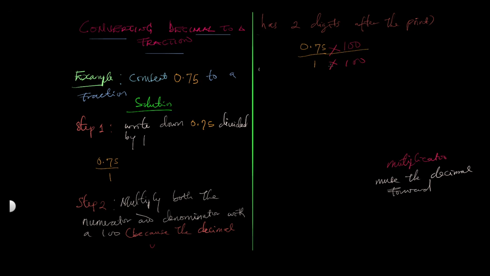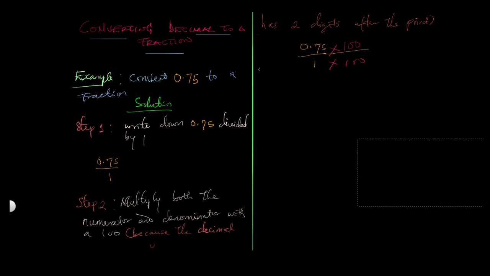But how many places forward? When you're multiplying with 10, you move it one place forward. With 100, you move it 2 places forward. With 1,000, you move it 3 places forward. Division, you move it backward.